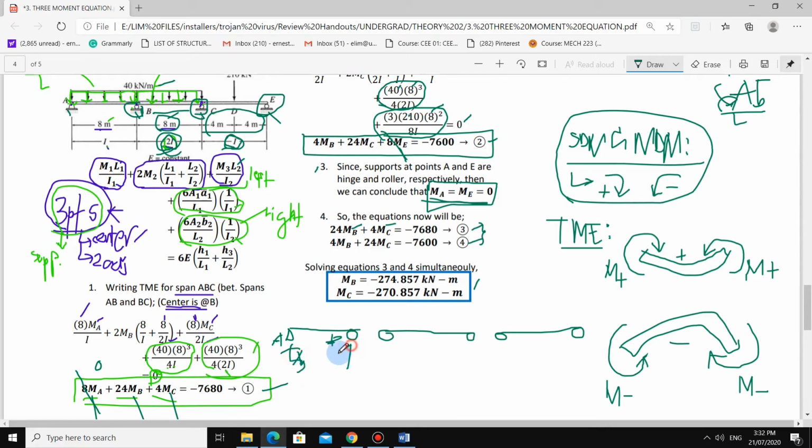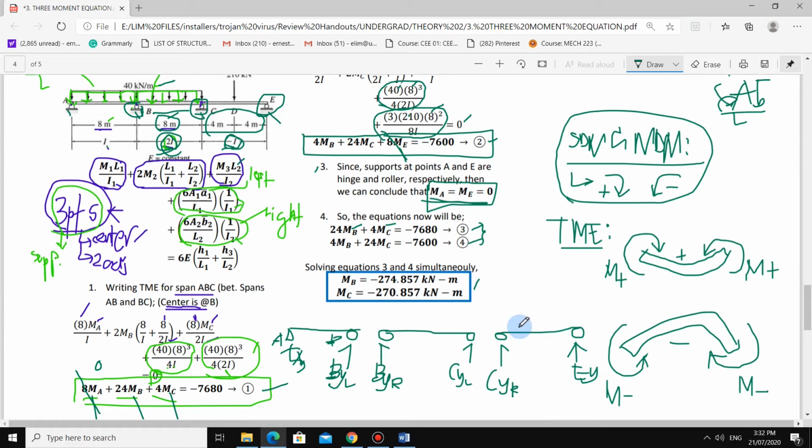Then kali siya is BY, BY sa left side. Okay? Then kani siya is BY sa right side. Then this is for CY left side, then CY sa right side. Then this will be your EY.